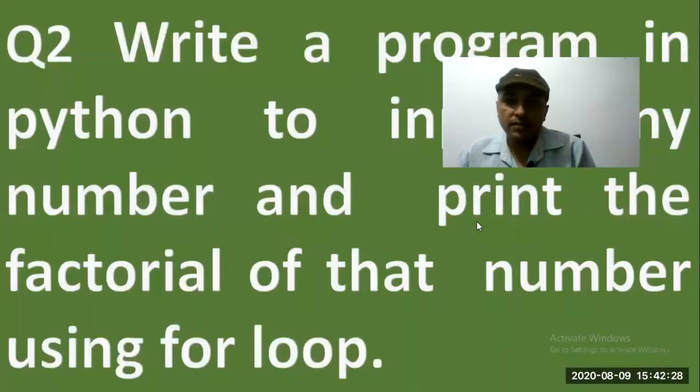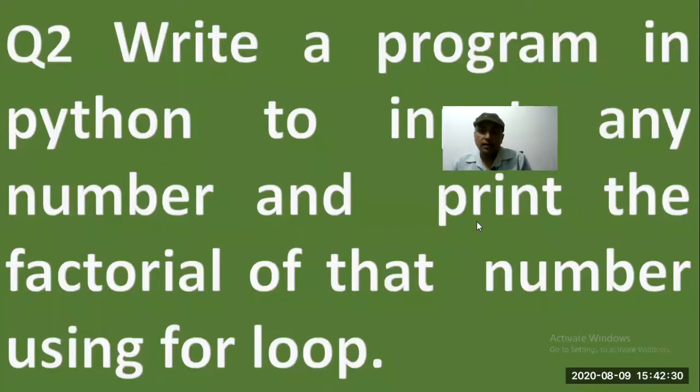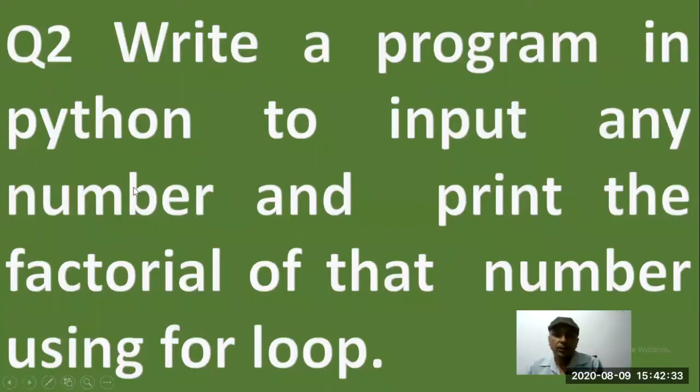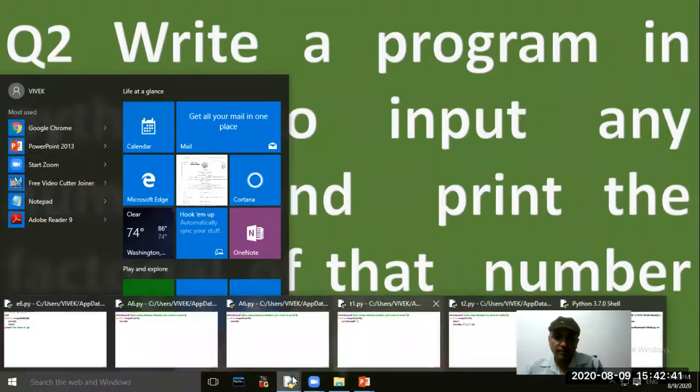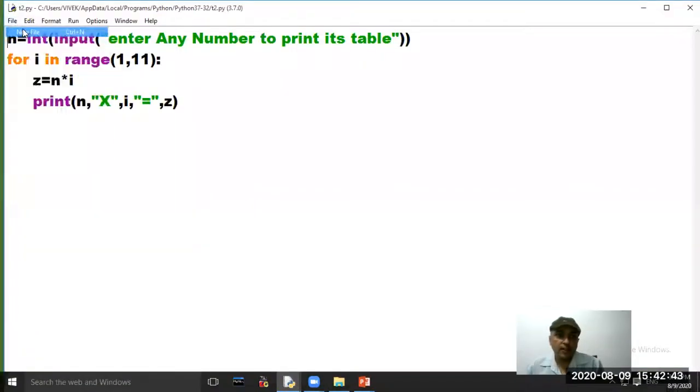Now our third program is to write a program in Python to input a number and print the factorial of that number using a for loop. Open Python software. Click at option file, choose option new file.